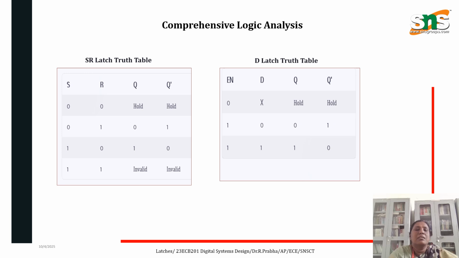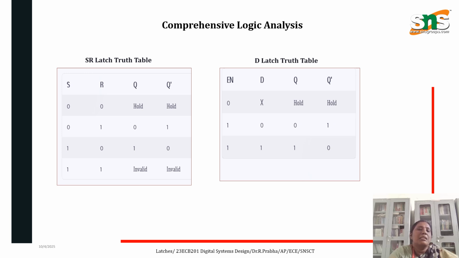These are the truth tables of the SR latch and D latch. When both inputs are 0, 0, Q holds and Q bar also holds. It means when S and R are 0, it acts as a memory element. When set is 0, output Q is 0. When set is 1, output Q is 1.